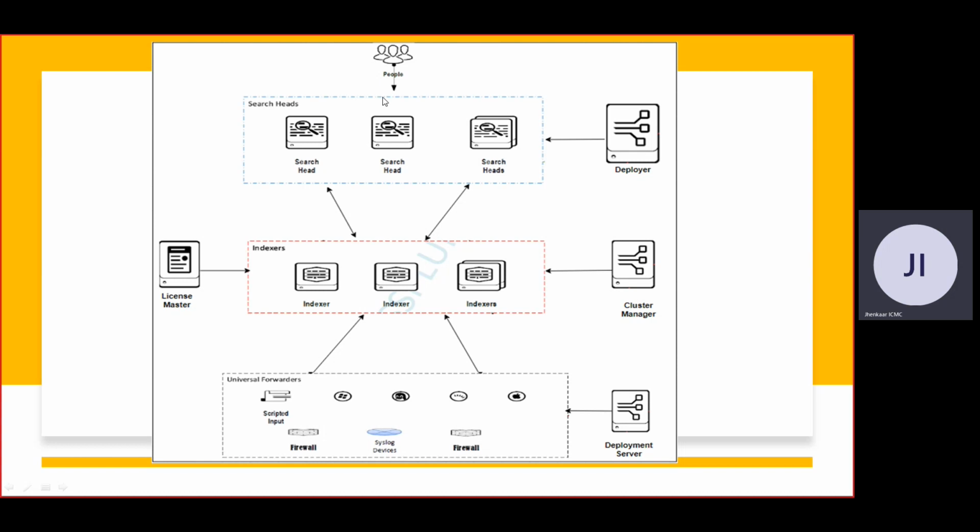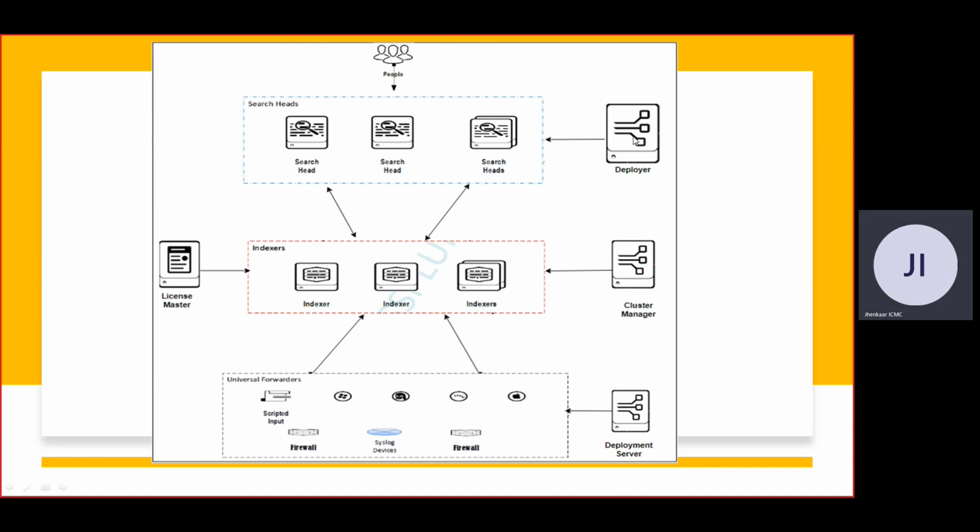Right? So the first point is that all the universal forwarders or heavy forwarders should send the data to the indexer. Once we have this data, users query it with the help of the search head, and that request will come to the indexer and to the appropriate indexes as well. Once it finds the data, it will give the results back to the search head.